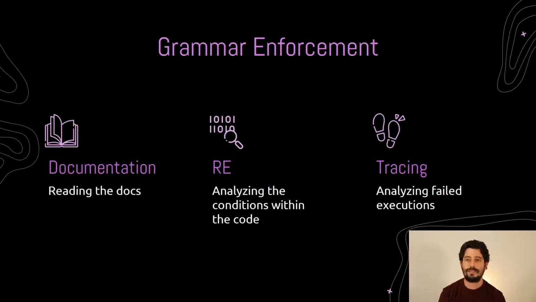But in some cases, this wasn't enough, so we reverse engineered the actual code, and we saw what the conditions are and how to get to the failing conditions. And lastly, when everything failed, we had to trace our errors, find what condition actually caused them, and fix them.